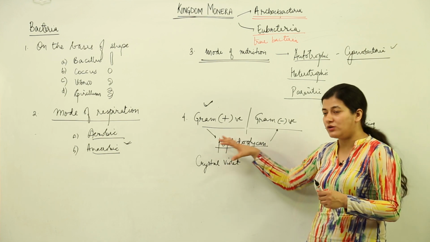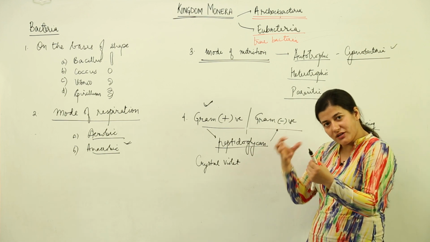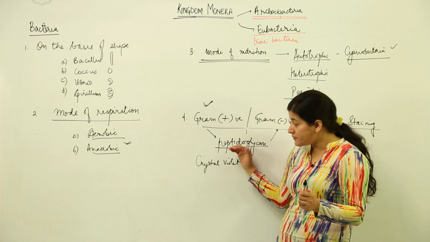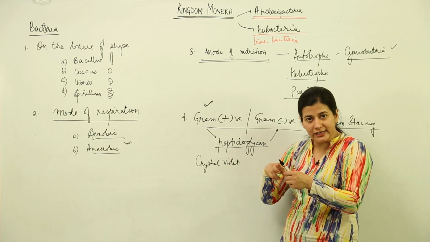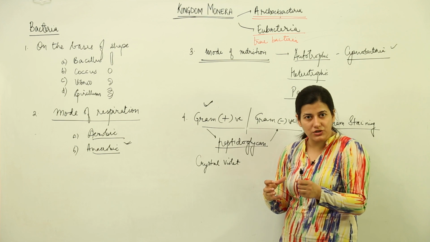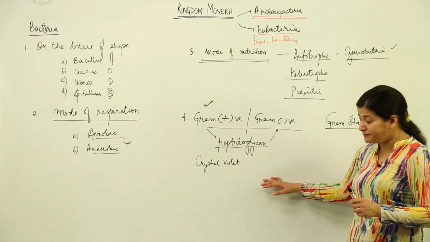Now, when this peptidoglycan is in abundance, the crystal violet would be trapped inside the layer, that is the cell envelope of the bacteria. But if this peptidoglycan is lesser, the crystal violet would not be trapped completely. When the iodine is added, they cannot completely trap the crystal violet, and then there is a counter staining process by safranin.